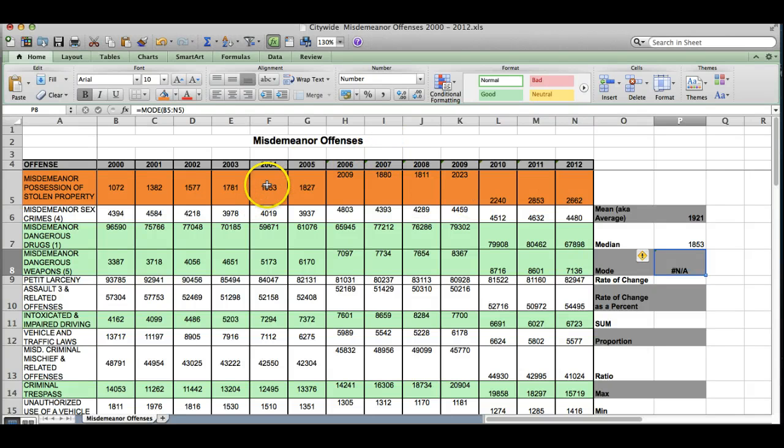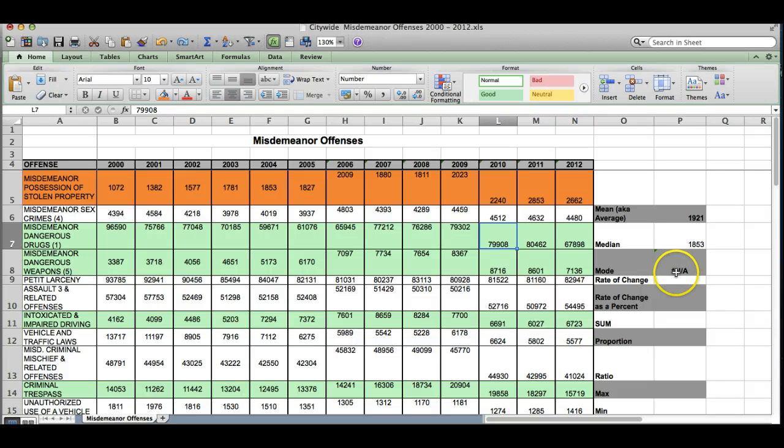If I were to change this number here, we're just going to explore for a second, to 1827, you suddenly see that there's a duplication of 1827, therefore we get an actual mode. I'm going to undo that because that's not the real data. So in reporting about this data, what you would say is that there is no mode that can be calculated from the data set.